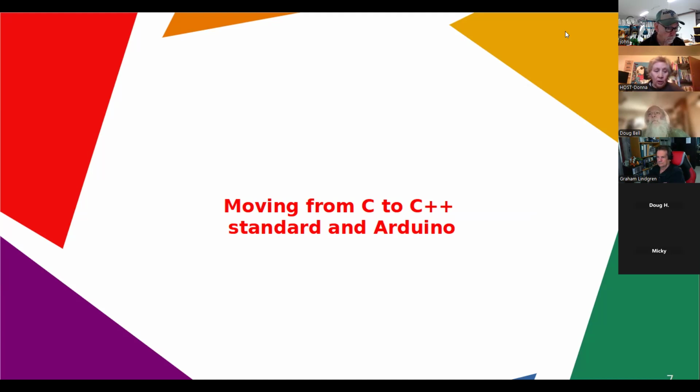You can just program using C syntax and idioms, and yet utilize a C++ compiler and supposedly generate a C++ compliant program, but it isn't really object oriented. So that's something to be aware of whenever you're learning C++.